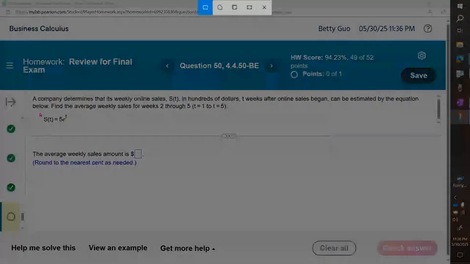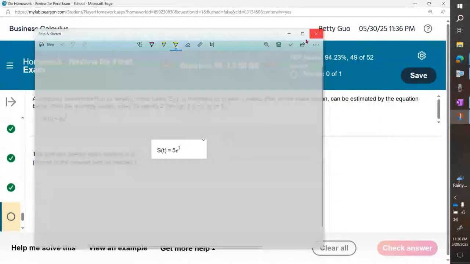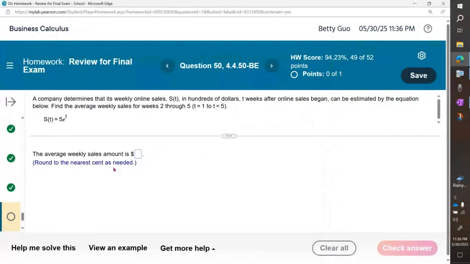This is sales. The average weekly, so S of T here is weekly sale. It's already just a sale. Round to the nearest cent as needed. Okay, T from 1 to 5.